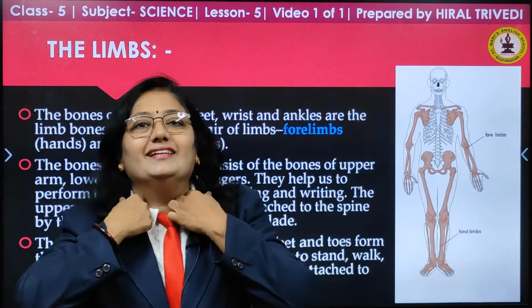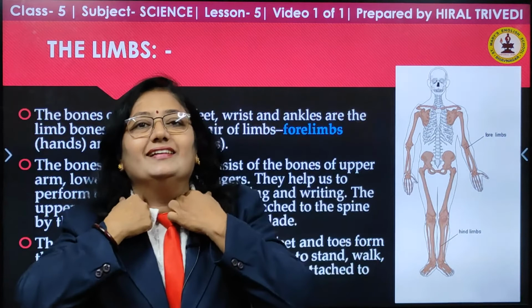But our circulatory system and respiratory system work on their own. We cannot give a command and make them stop, so they are involuntary muscles. For example, when we want to move our hands and feet, we use voluntary muscles.